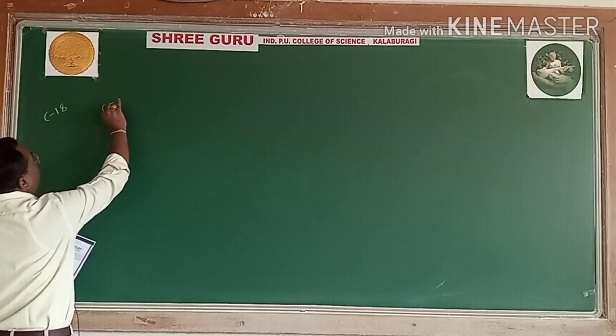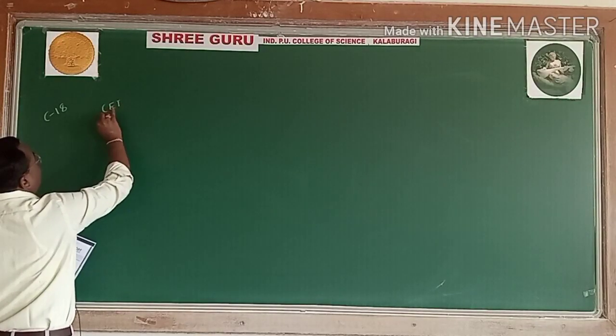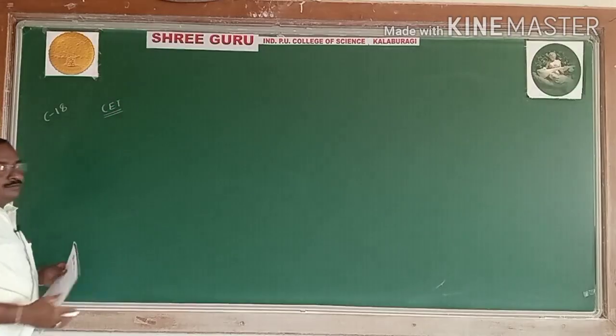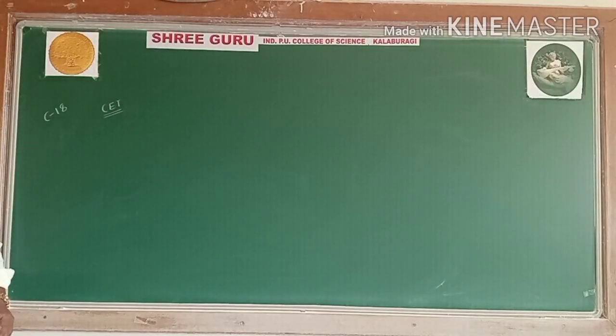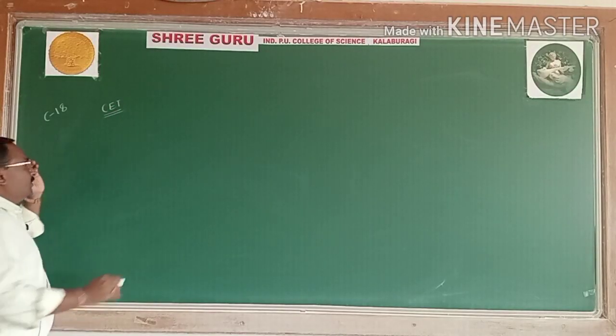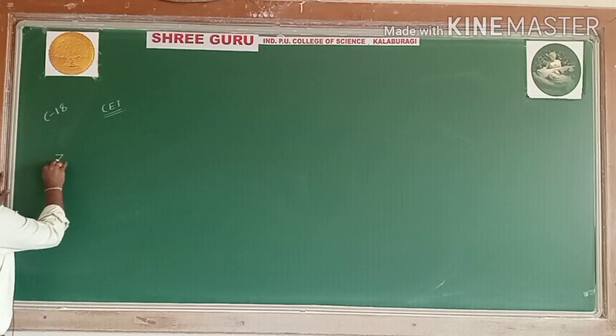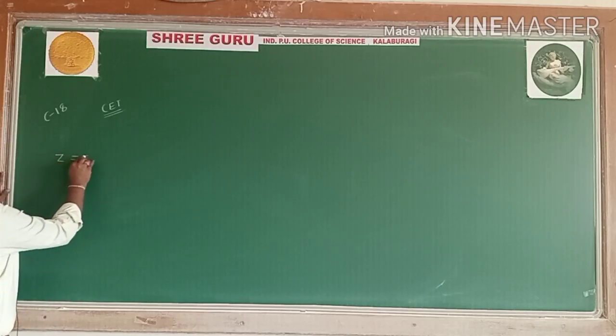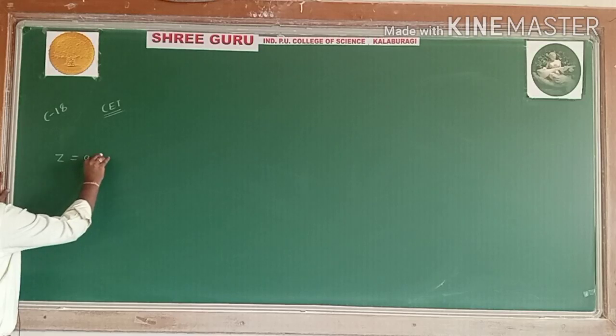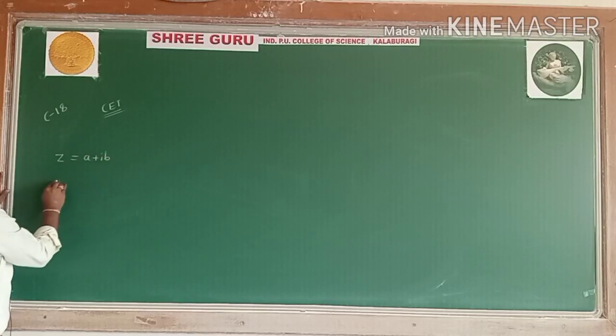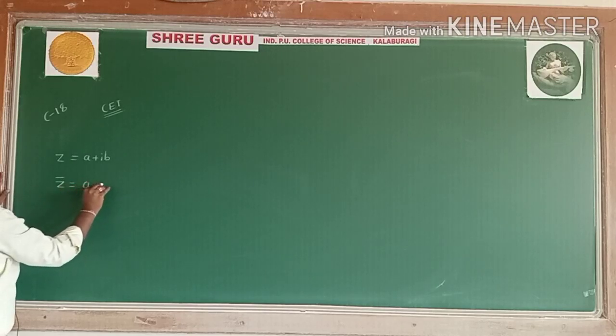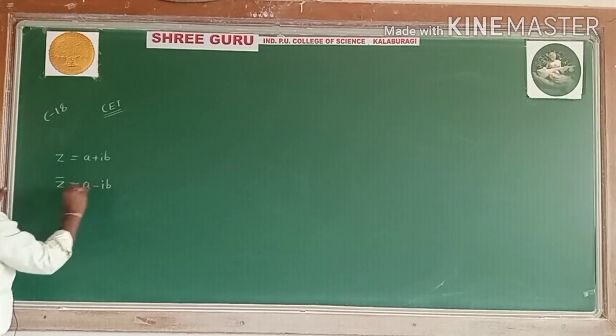CET point. Keep in your mind, if Z is equal to A plus iB is a complex number, then Z bar is equal to A minus iB: real part as it is, change the sign of the imaginary part.